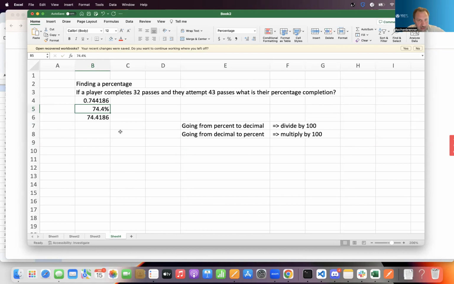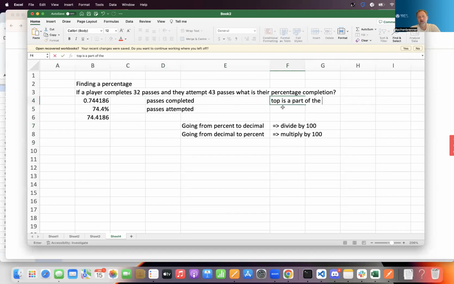So in terms of the ratio, this is passes completed over passes attempted. The key in thinking about the meaning of this ratio is that the top is a part of the bottom. It's what we call a part to whole ratio.